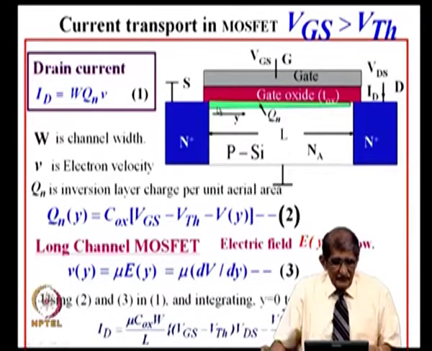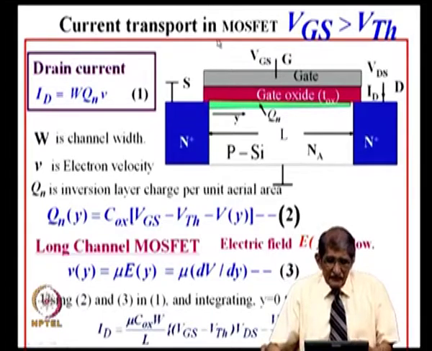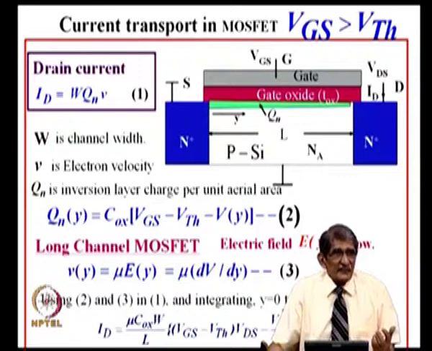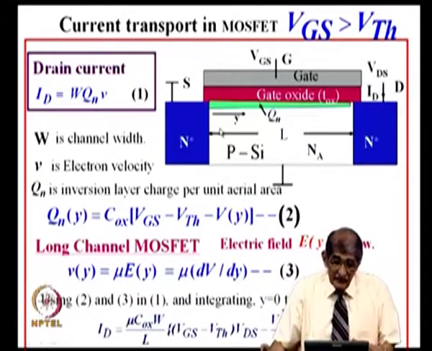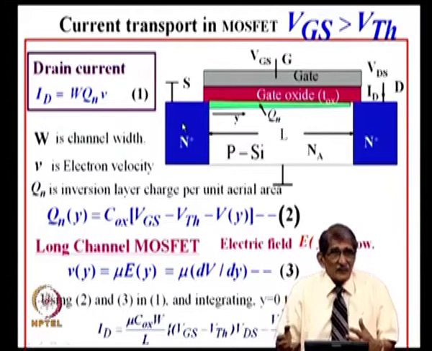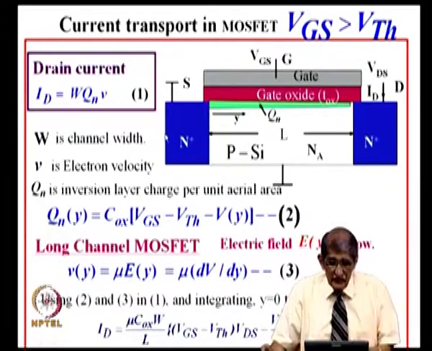When the source is absent, the supplier of electrons is the p type region, minority carriers. They will not be able to respond to high frequencies. But when you have the source here supplying the carriers, they may be minority carriers here, but they are majority carriers there. There is a large reservoir of electrons present in the n plus region. So, that can supply this, and this drain collects those electrons here.